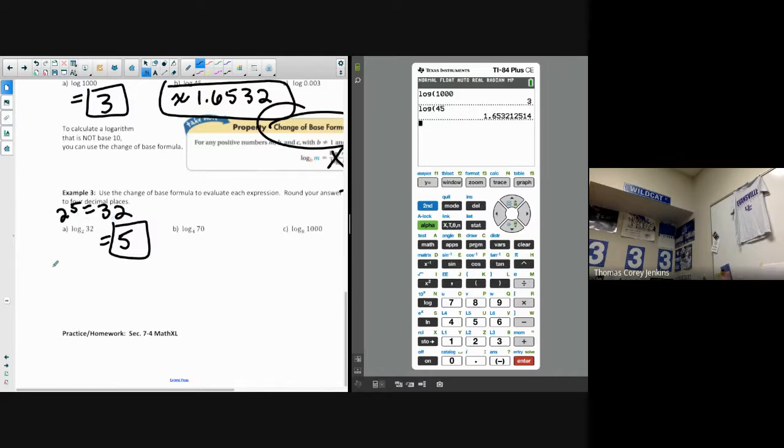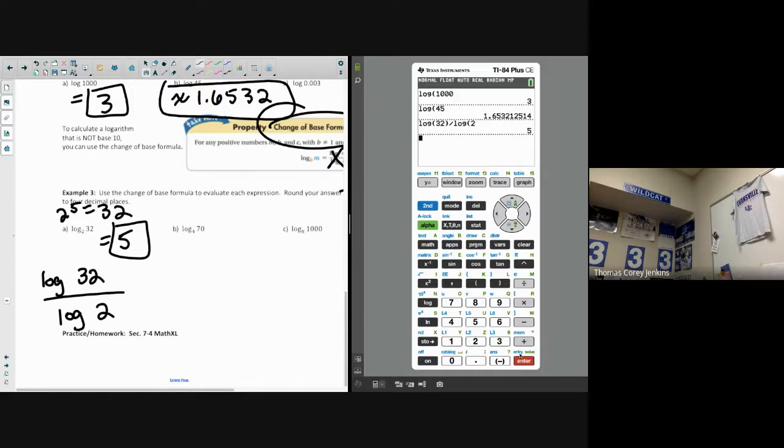So we're going to evaluate this as log of 32 over log of 2, right? So let's see that in the calculator. We have log of 32. You're going to want to close that parentheses, divided by log of 2. And that should give me 5, and you see that it does.